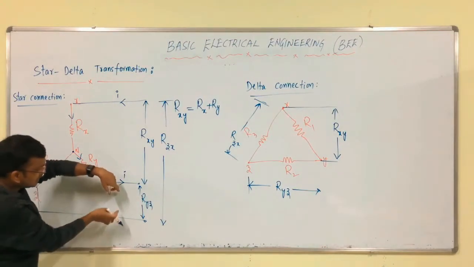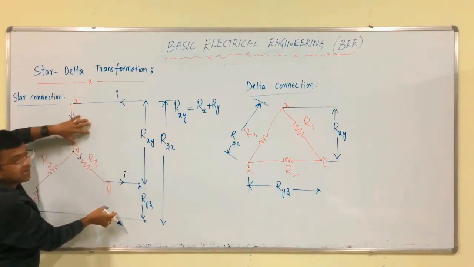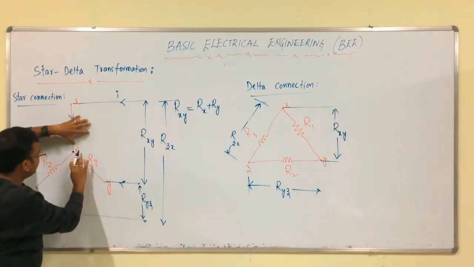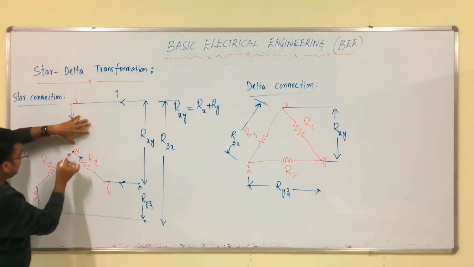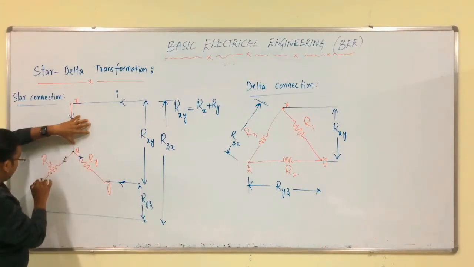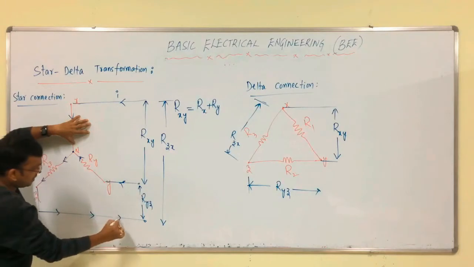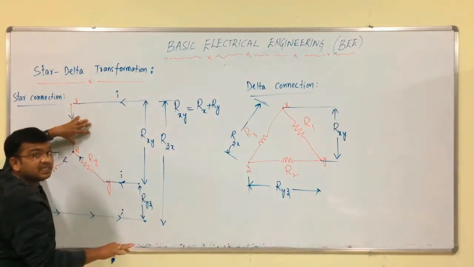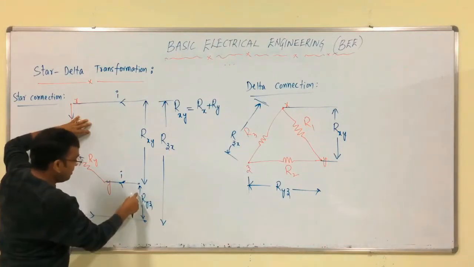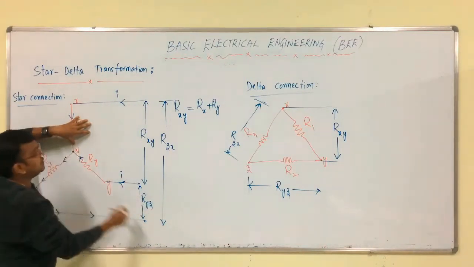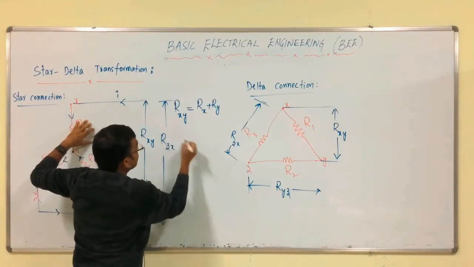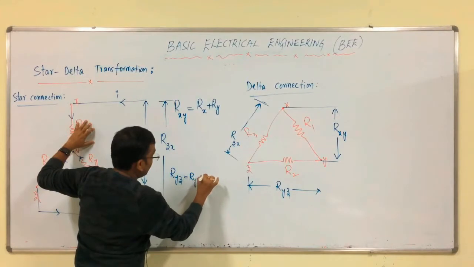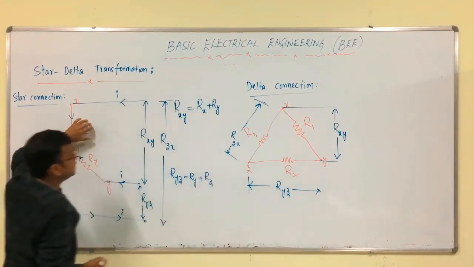Like this between y and z. If we consider these two terminals, this branch is neglected. Entering current is I, leaving current is I, KCL satisfied. So, R y z is equal to R y plus R z.